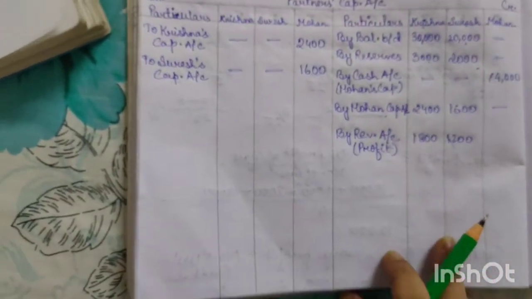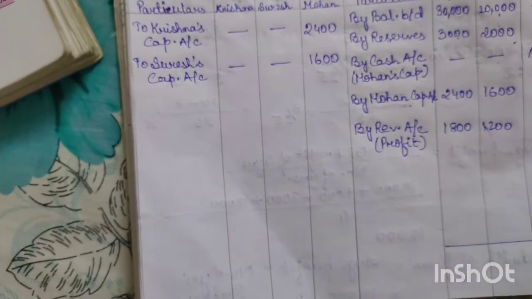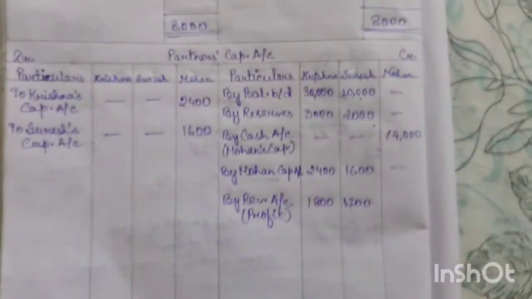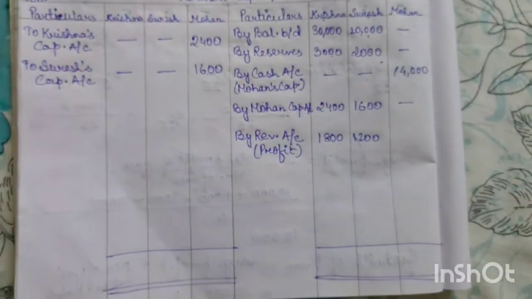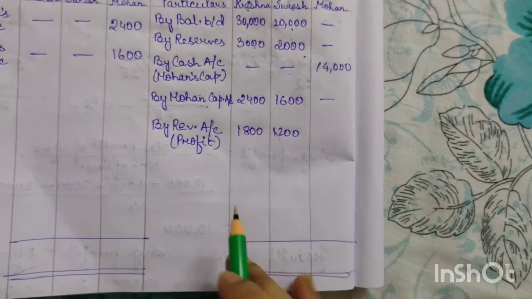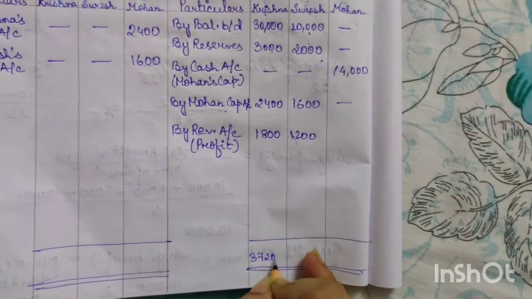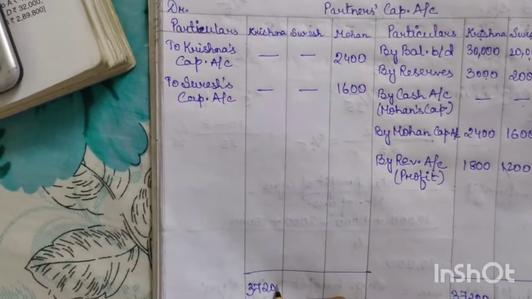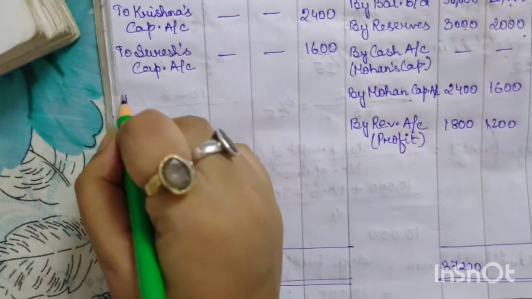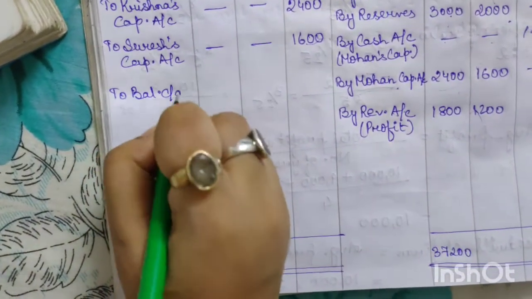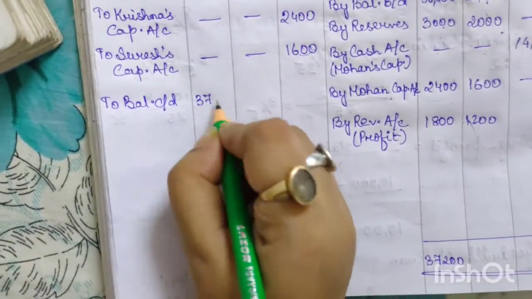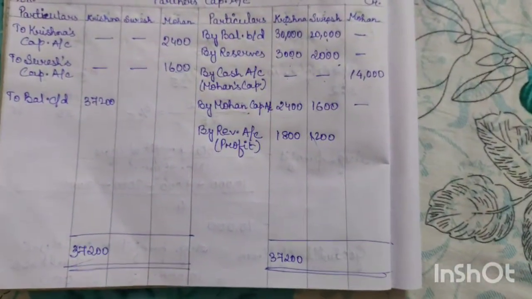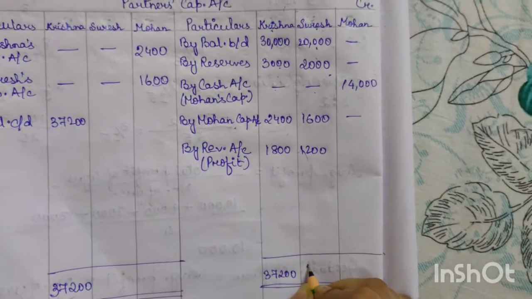Now we will calculate their new capitals. So if we total Krishna's column, we will get 37,200, and as we all know, debit and credit side should be equal, so we will write 37,200 here also. There is nothing to deduct, so we can write here to balance carried down for Krishna, it will be 37,200. Now it's turn for Suresh, so we will calculate for Suresh also. If we do the total of Suresh, it will be 24,800.